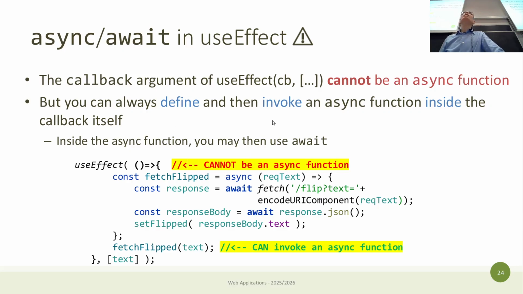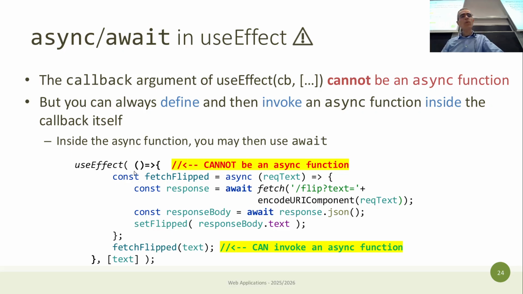Second point I want to underline. We used an async function in the useEffect. Actually, you saw that we wrote the definition of an async function, and then we called the async function.